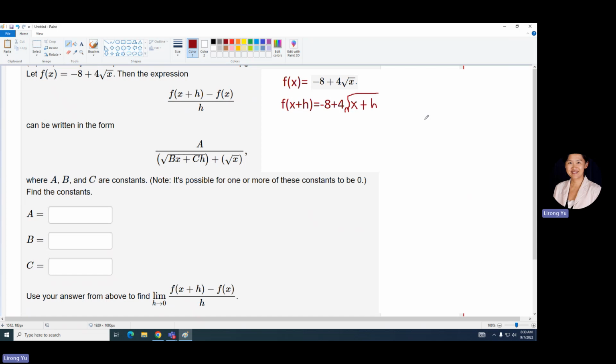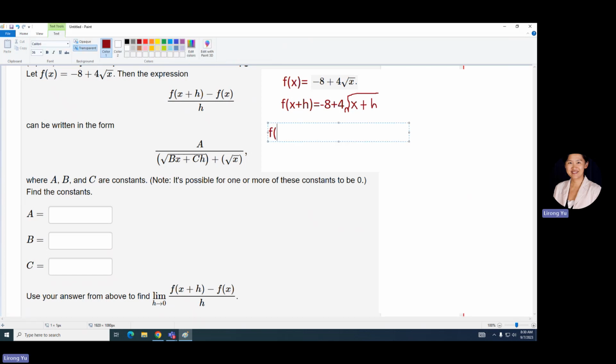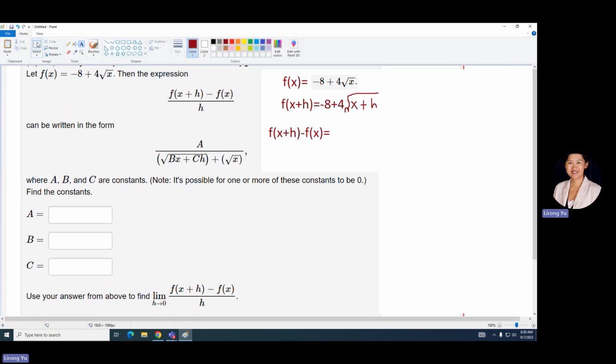All right, let's try to finish this. So if you want to subtract them, they look like this. So f of x plus h subtract f of x will look like a subtraction of the exact two things.